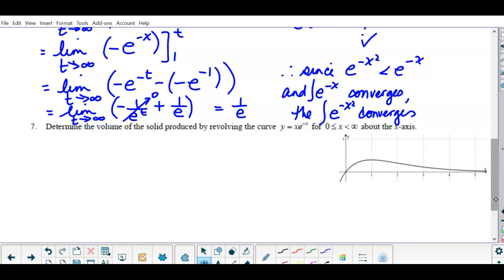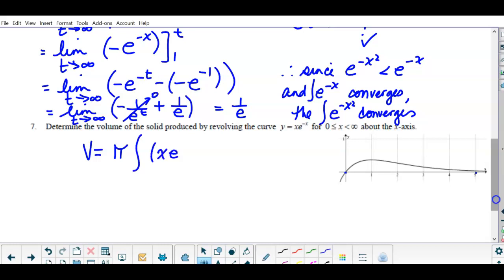Okay, so we've talked about volumes of revolution in calculus. This is just an infinite volume of revolution because now we're going from 0 to infinity. This graph doesn't actually ever cross the x-axis. So the volume, remember, is going to be pi times the integral of the function squared.